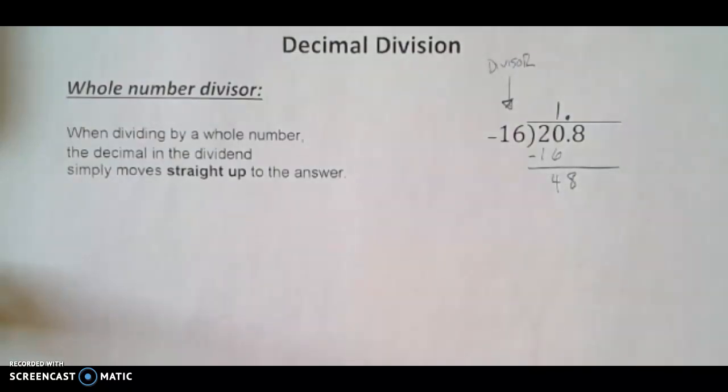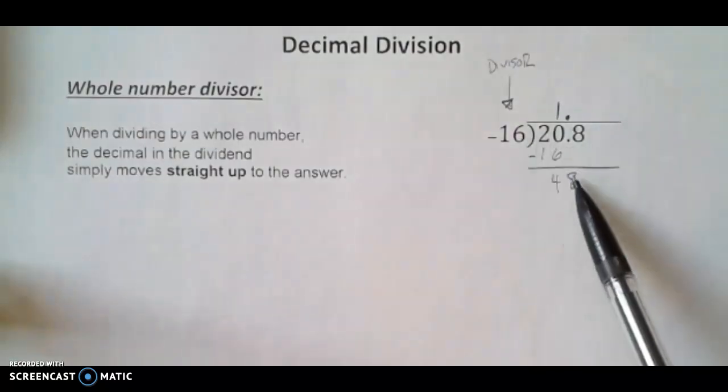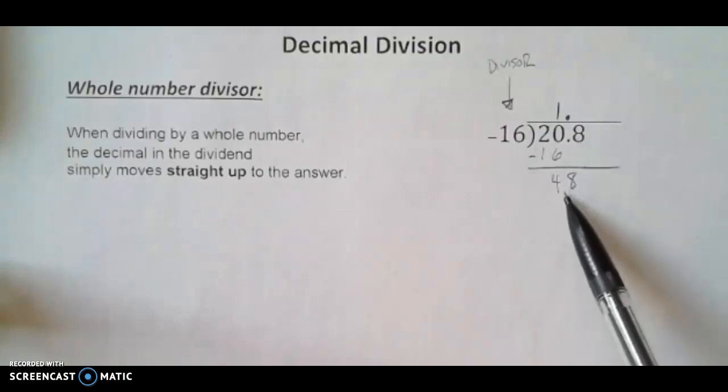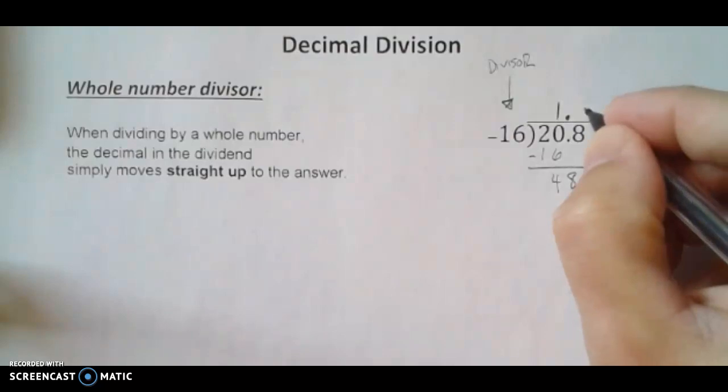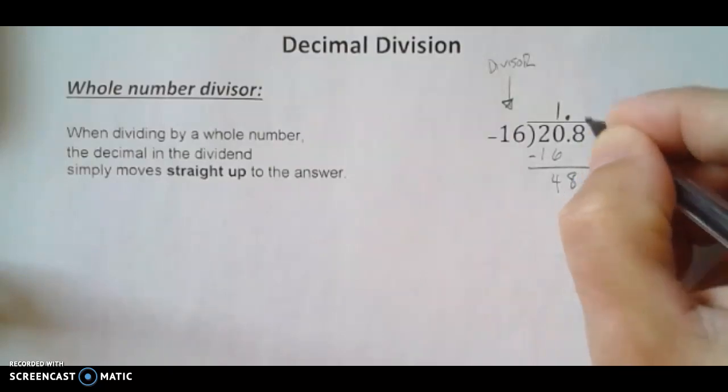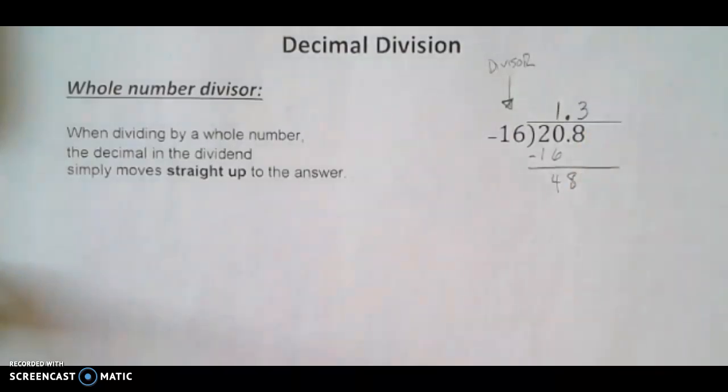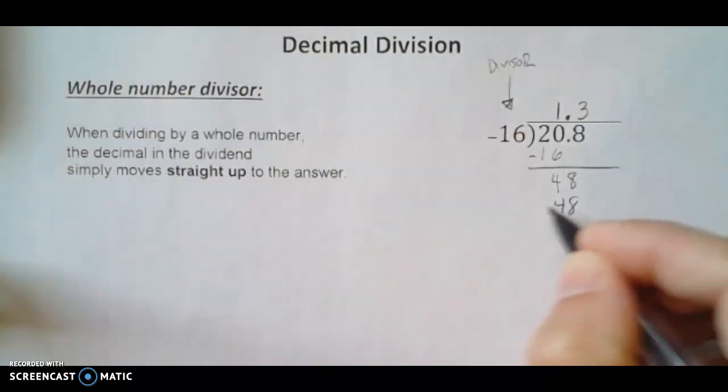And now I've got to figure out how many times 16 is going to go into 48. If I do my multiplication facts here, well, 16 times 1 is 16, 16 times 2 is 32, 16 times 3 is 48. So above this 8 in the dividend, I'm going to put my 3. And now I know 3 times 16 is 48.